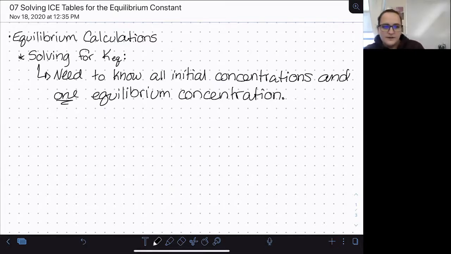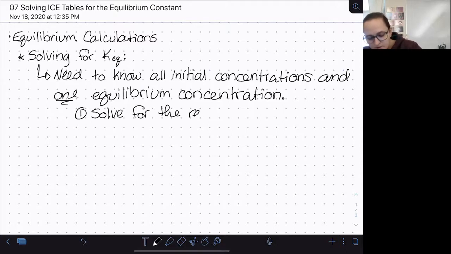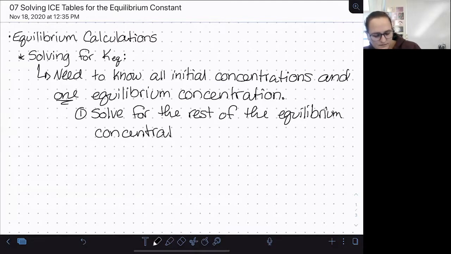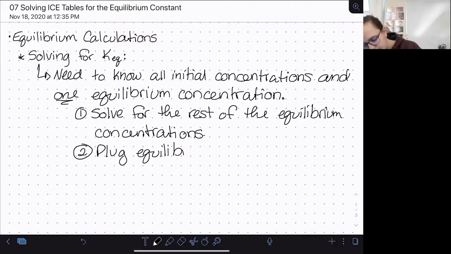And so the general process is that we'll be able to solve our ice table for the rest of the equilibrium concentrations. And then we can, just like we've done before, plug those concentrations into our equilibrium expression.